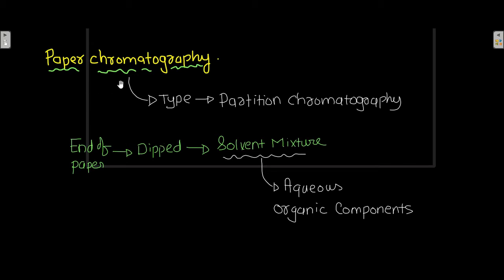In paper chromatography, the end of the paper is dipped into a solvent mixture, and that solvent mixture is made up of aqueous and organic components.